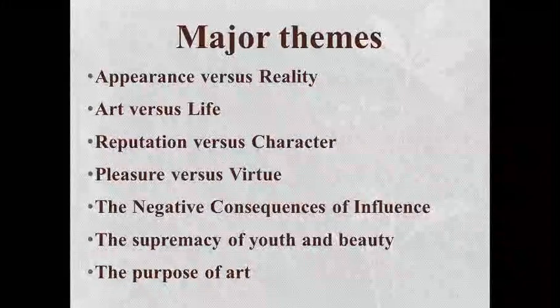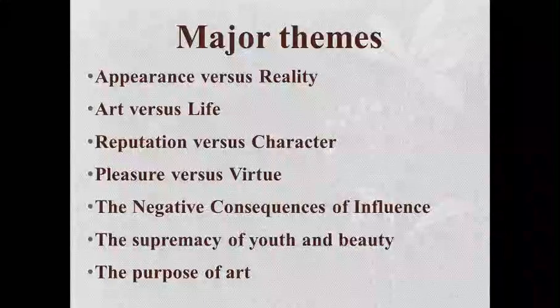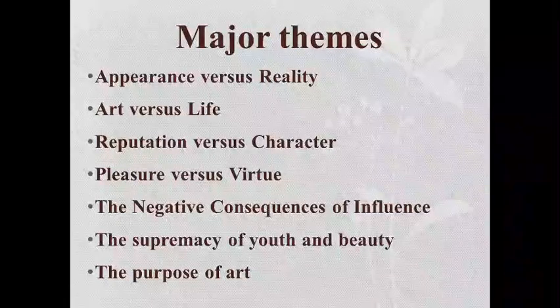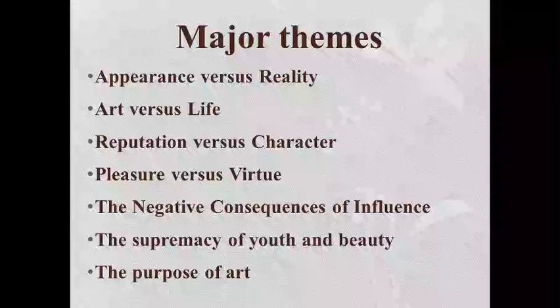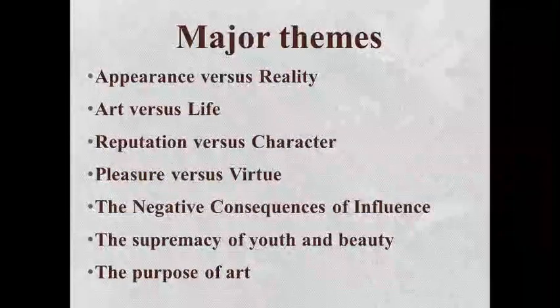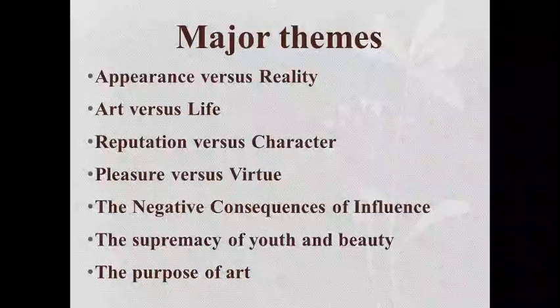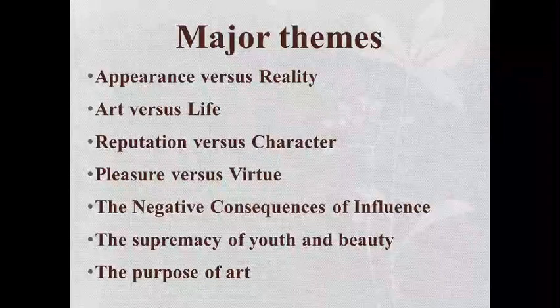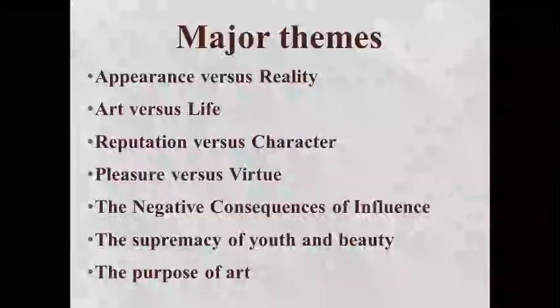She just committed suicide because of Dorian. But actually, before Lord Henry's influence, Dorian fell in love with Sybil Vane. But after Lord Henry's influence, he totally changed, and that was the result of Sybil Vane's death.